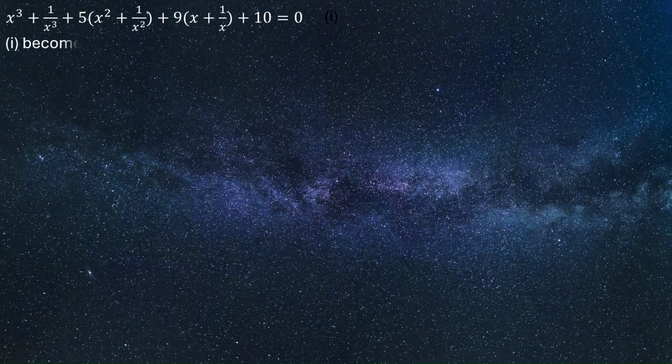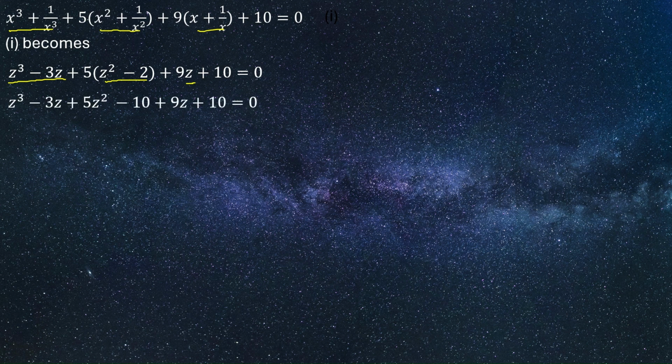Therefore equation 1 becomes, here we have replaced x cube plus 1 over x cube by z cube minus 3z, x square plus 1 over x square by z square minus 2, and x plus 1 over x by z. So the equation can now be arranged and written as z cube plus 5z square plus 6z is equal to 0. We take z common and write it as z into (z square plus 5z plus 6) is equal to 0.